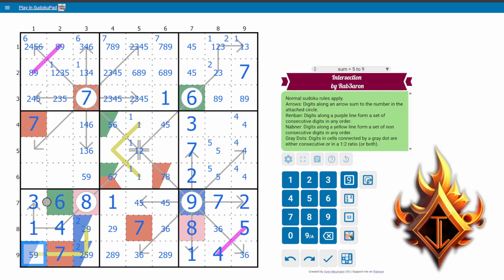That is now 5 9. This can still be, if that is 7.